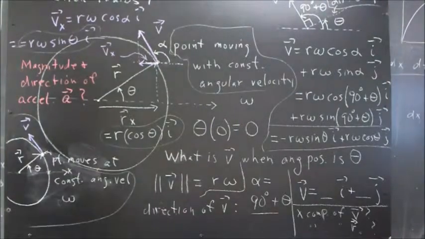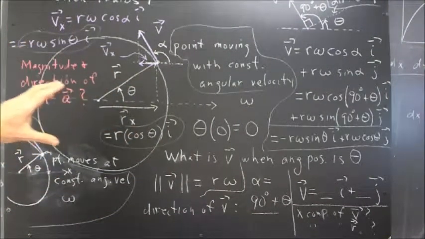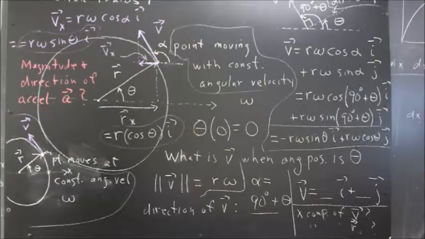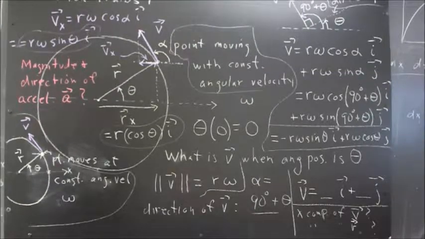So here it is again. So this all follows from the most basic properties of vectors. Now, the next question we want to look at is what's the magnitude and direction of the acceleration vector A? And that's something you should ponder, and we'll get to it in the next video clip.